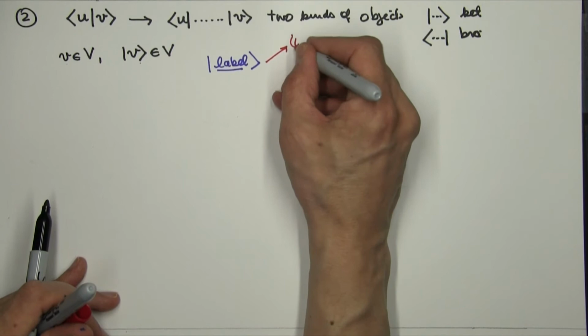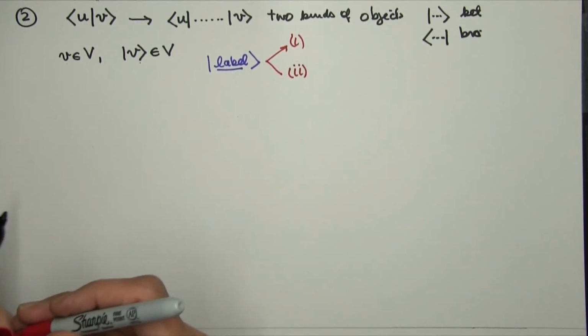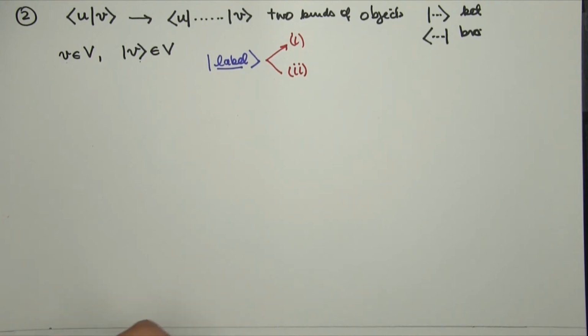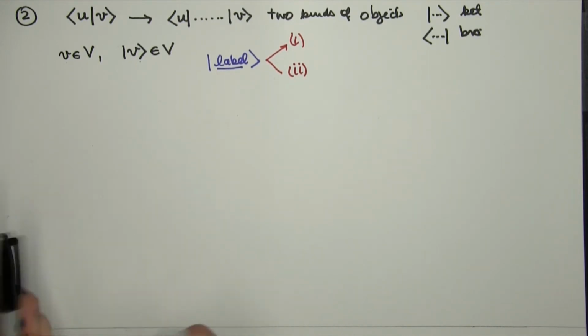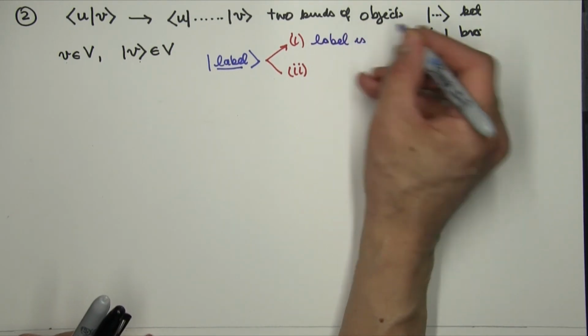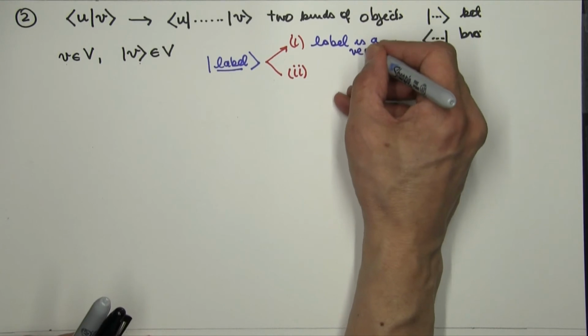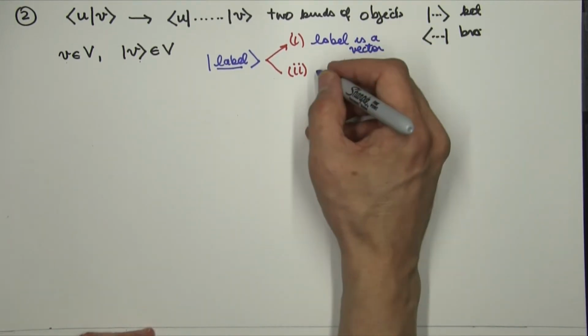Possibility I and possibility II. In the first possibility, the label is a vector.